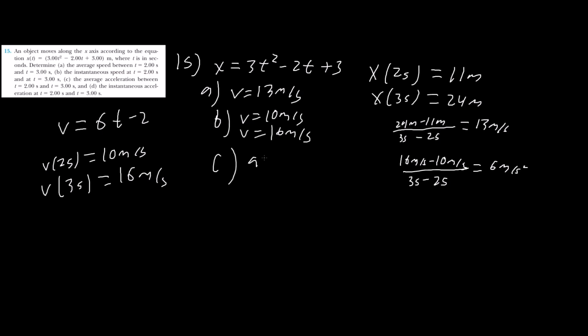So that's the average acceleration for this interval. And the last one is the instantaneous acceleration, which is just 6 in this case, between 2 seconds and 3 seconds. So the acceleration is always going to be 6 meters per second squared.